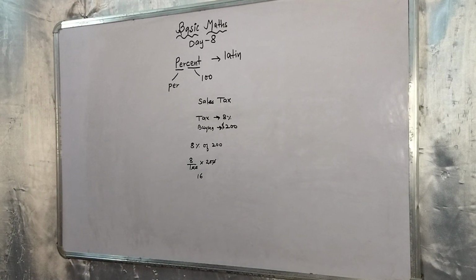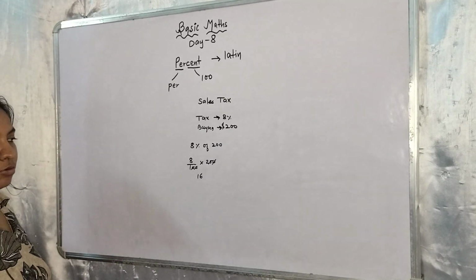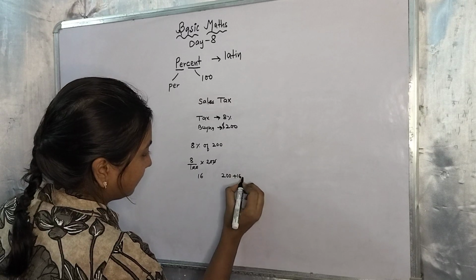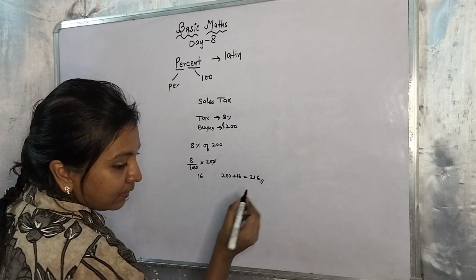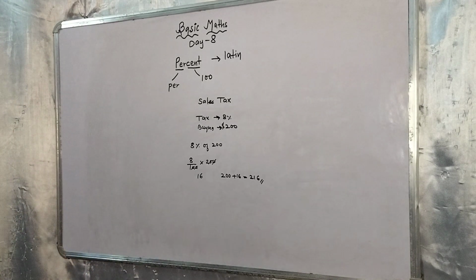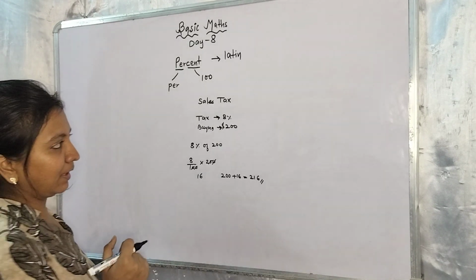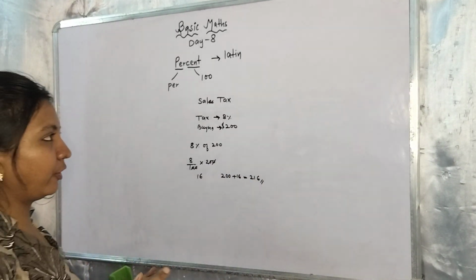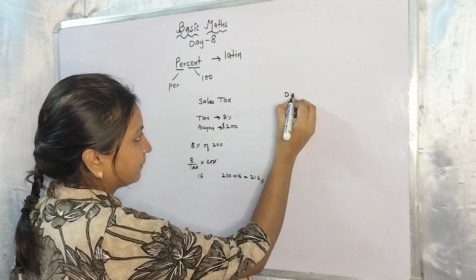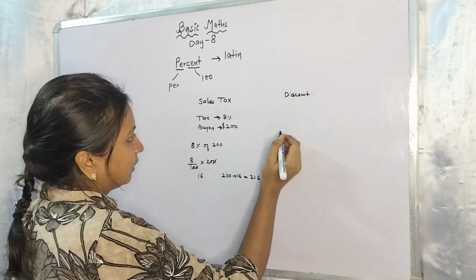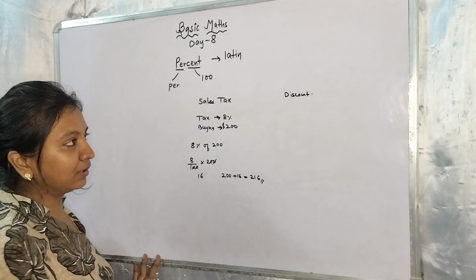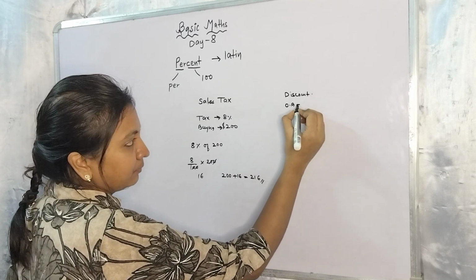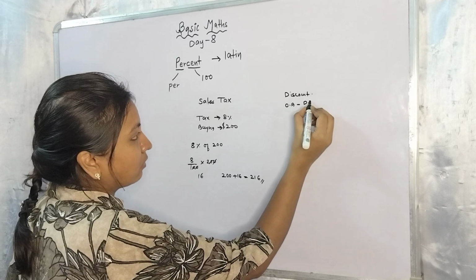Fine. So as you all know, tax amount is always added. So after tax you need to pay 200 plus 16, that is 216. See here, there is a slight difference between discount and tax, not based on terms but based on calculation. First, you saw that in discount the original amount was subtracted with the discount amount.